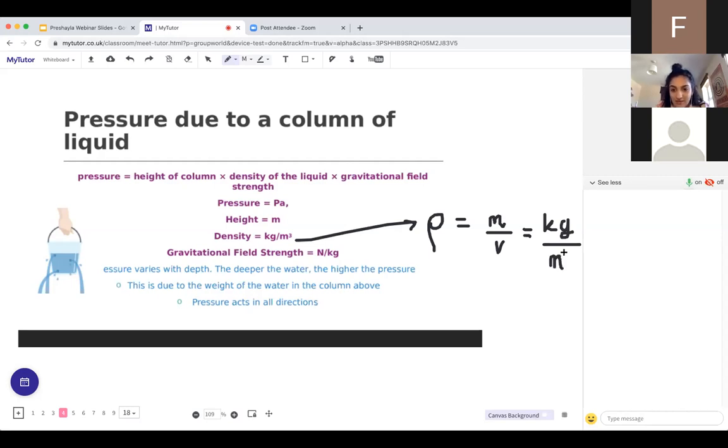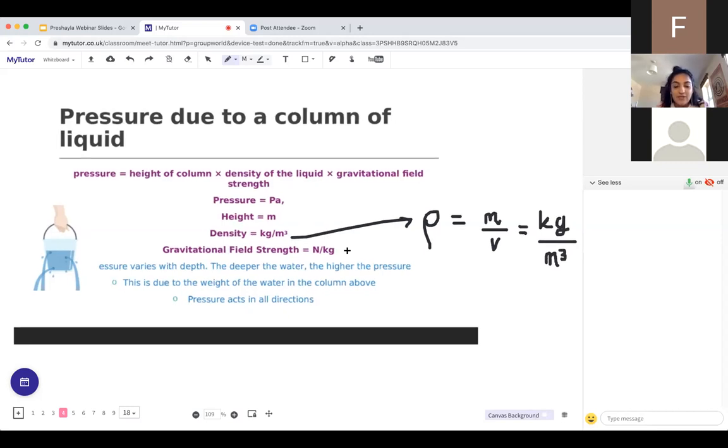So we can see that our units for density are kilograms per meter cubed. Okay, so we need to know that because we might have to write it in an exam question answer that the unit is kilograms per meters cubed. Now, the same for gravitational field strength. So let's break away now and talk a little bit more about gravitational field strength.